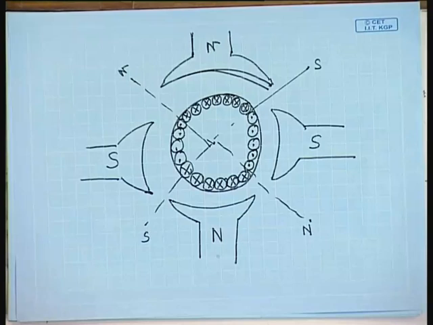These pole pairs can be connected either in parallel or in series. Accordingly, there will be two types of armature winding called the lap winding and the wave winding. The lap winding is the parallel connection of armature poles, and the wave winding is the series connection of armature poles.